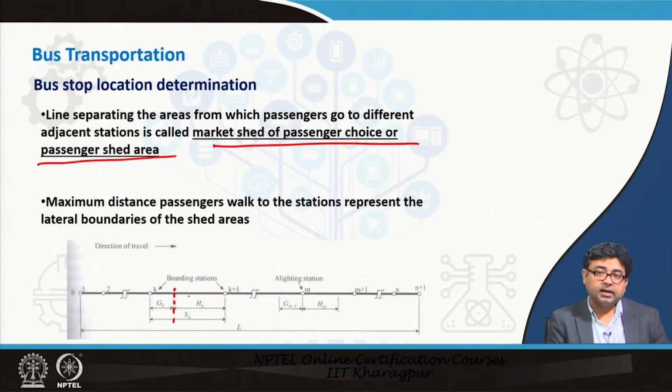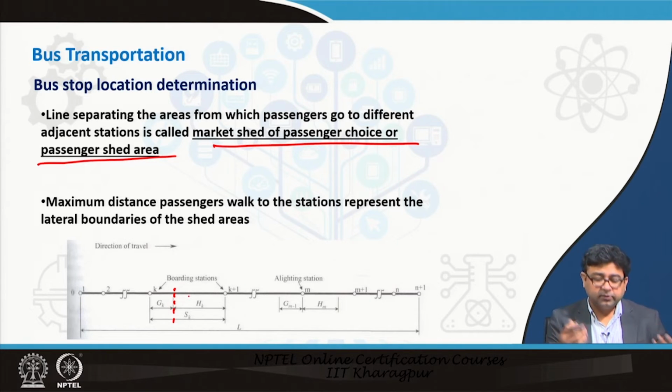This line is demarcating the spacing into 2. Usually the thinking is that the market shed should be half and half. That line should be right in between the 2 stations.